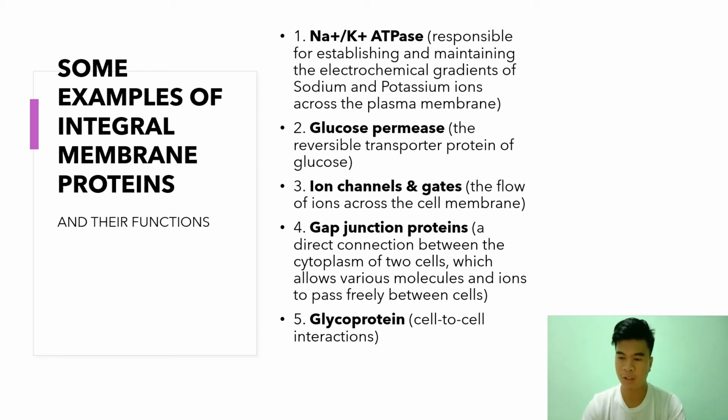Number three, ion channel and gates, the flow of ion across the cell membrane. Number four, gap junction protein, a direct connection between the cytoplasm of two cells which allows various molecules and ions to pass freely between cells. And lastly, the glycoprotein. It is the cell-to-cell interaction.